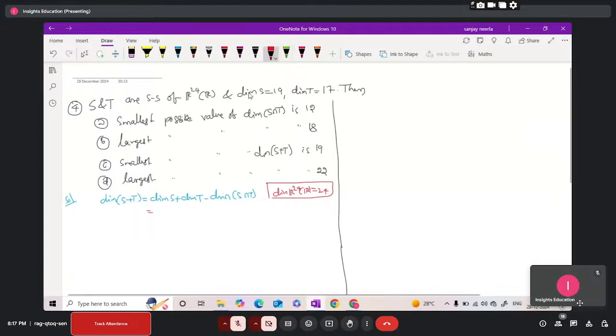Now the dimension of S is 19 and the dimension of T is 17. Here I am taking, suppose it is 24. If the dimension of S plus T is 24, what about the remaining S intersection T? 19 plus 17 is 36, obviously 12.